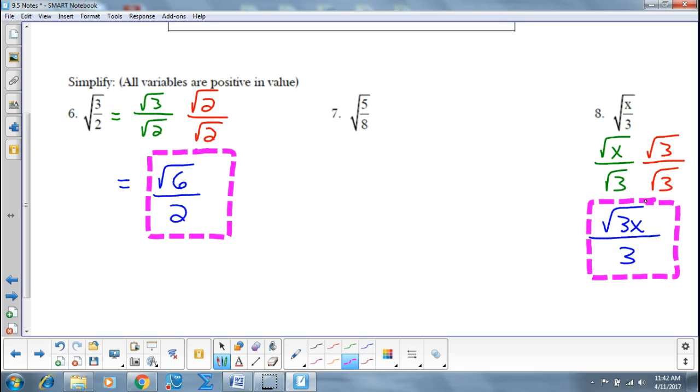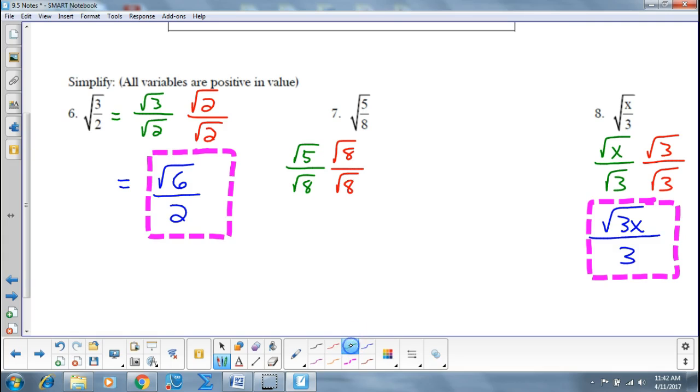Now, the reason I did that is because I want to do number 7 in 2 ways. The first way that I want to do that is I want to say, well, this is the square root of 5 over the square root of 8. And I'm guessing that 98.44% of the people in the room then multiplied the top by the square root of 8 and the bottom by the square root of 8. Okay?